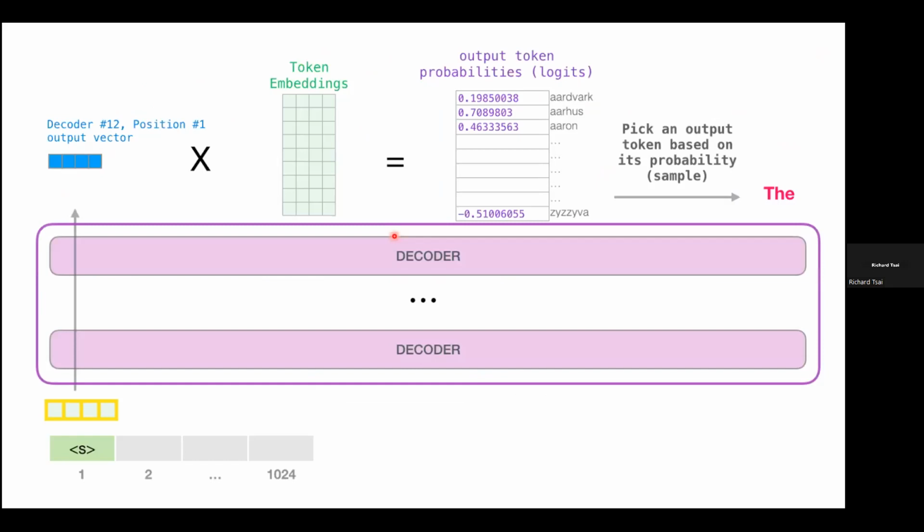We randomly select a word from this distribution. In this instance, "the" is the word that was selected. So although this is a distribution, we do not necessarily select the word with the highest probability. We may select another word with the second best or third best probability, based on some randomness.